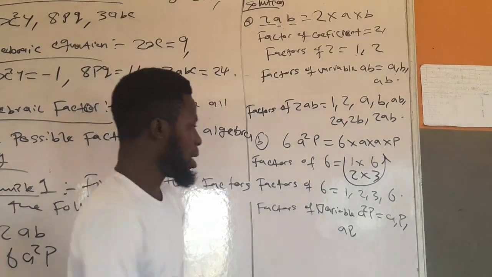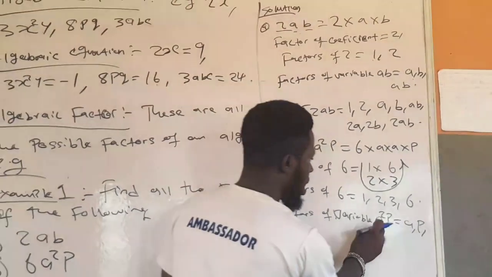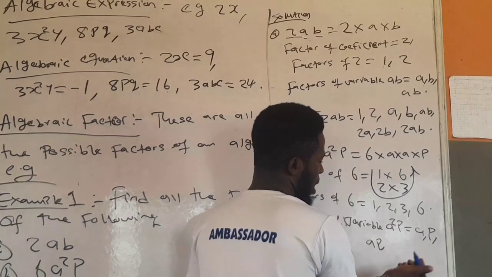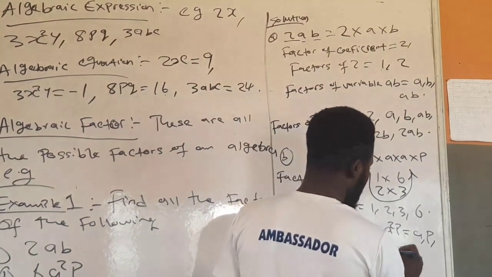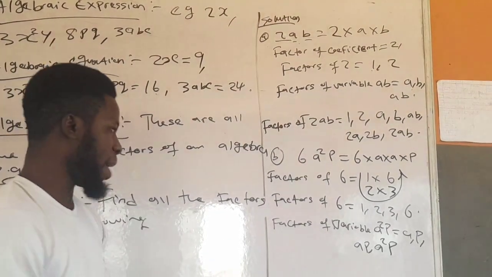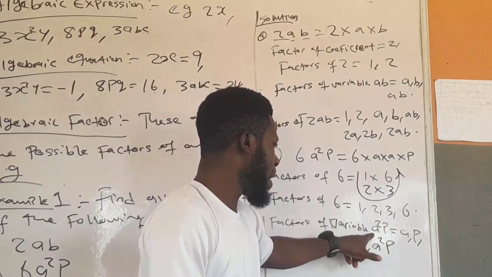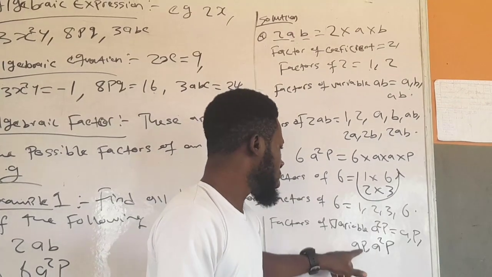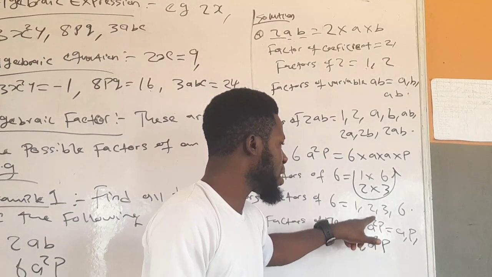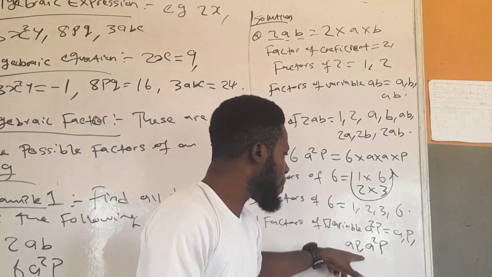Are you following me? Then that's 2. But the next one you can have is for the 3 letters, which is A squared P. There's no other thing you can combine. If you use A to divide A squared P, you get AP.